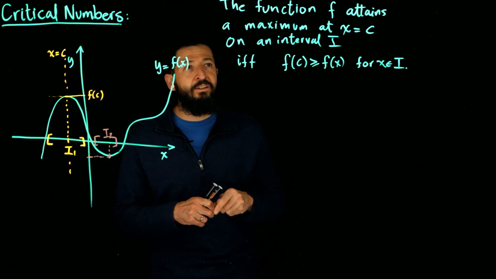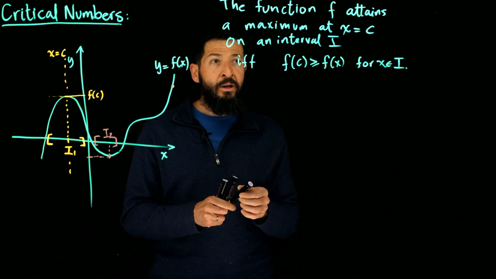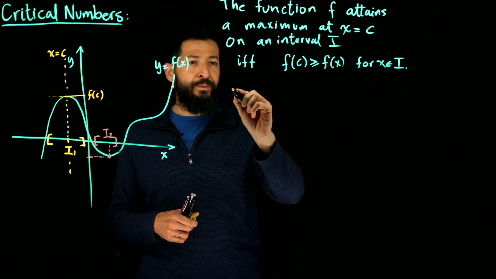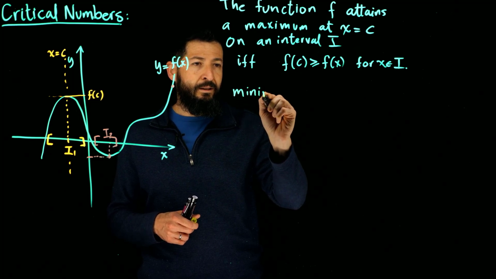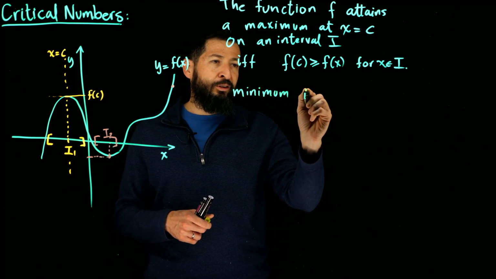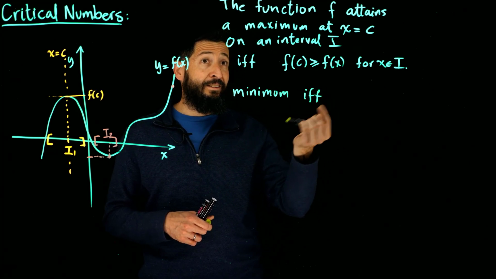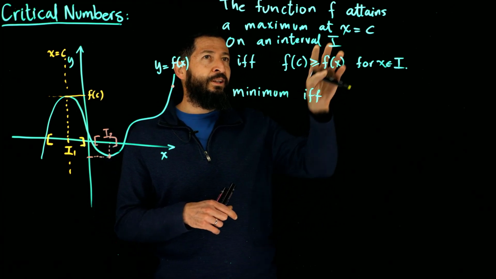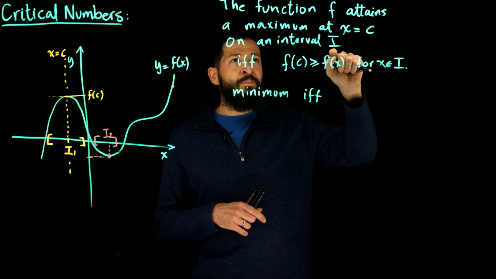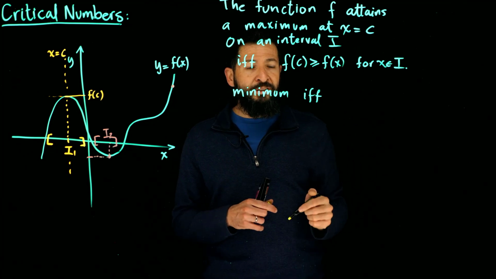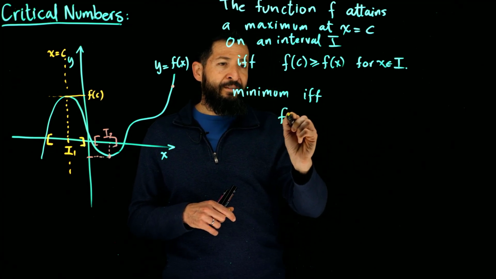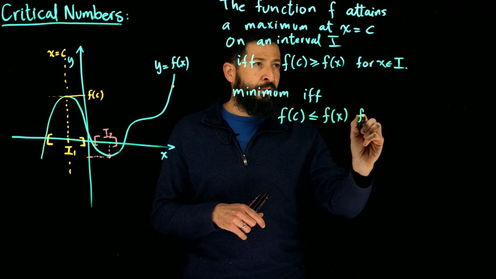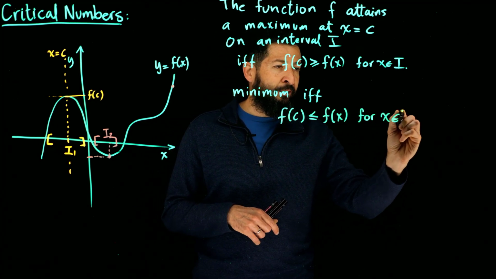So what would be the characterization that we need for a minimum? We say that the function attains a minimum, and I'm going to summarize everything, but the sentence is exactly the same. A minimum at x equals c on the interval I if and only if f of c is less or equal than f of x for all x's on that interval.